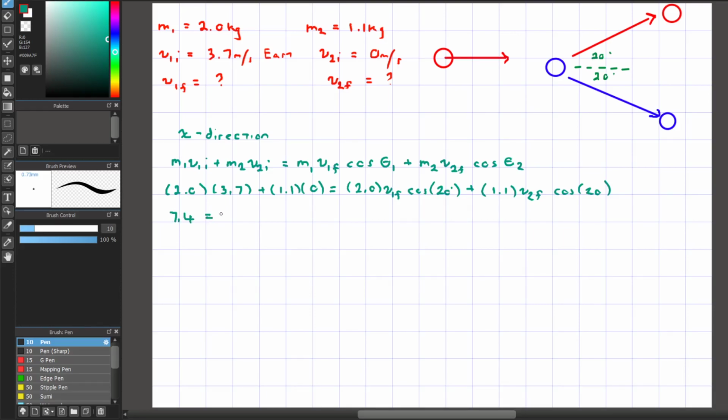On the left side of the equal sign here, we get 7.4. And then it will be 7.4 equals 1.88 V1F plus 1.03 V2F. And you notice here that we have two unknowns, so we'll have to come back to this later.